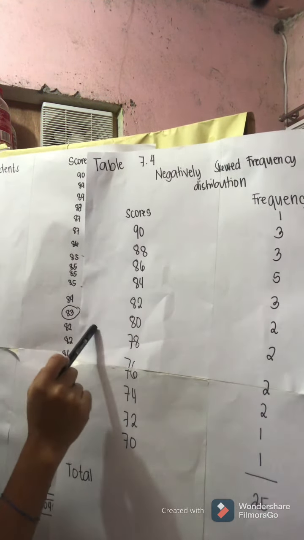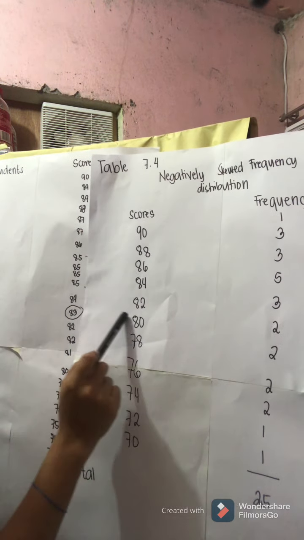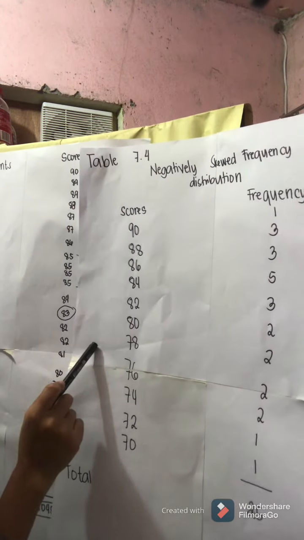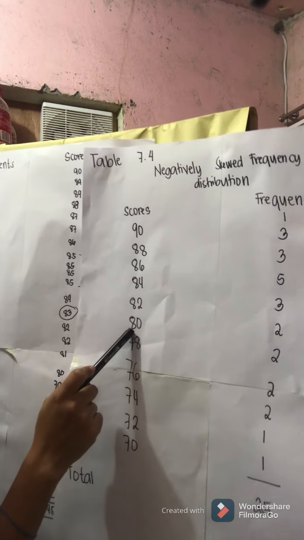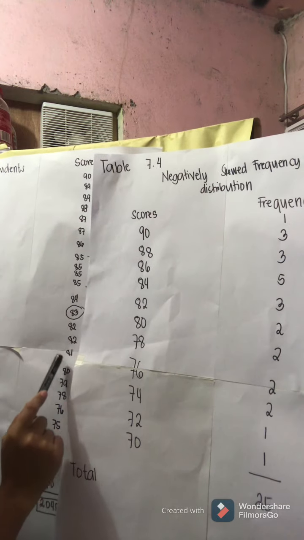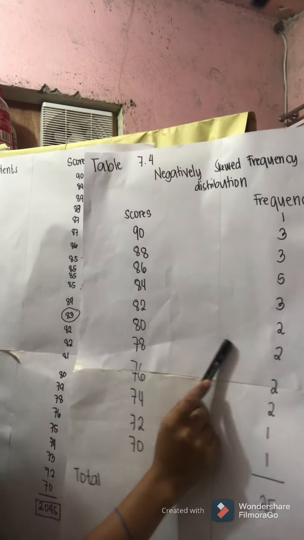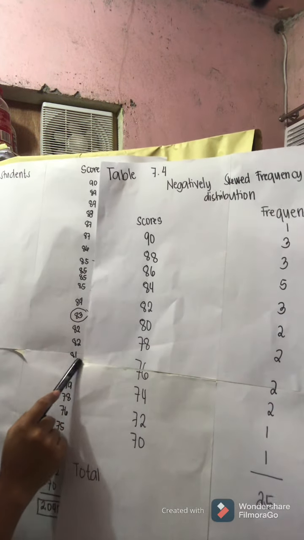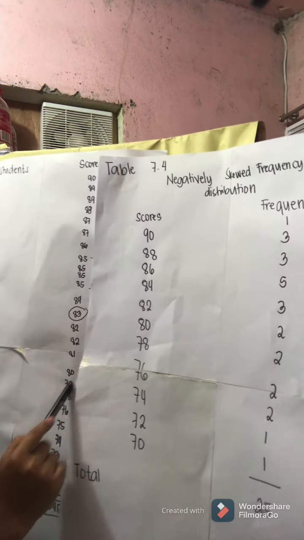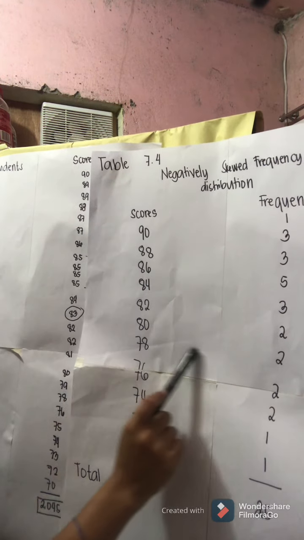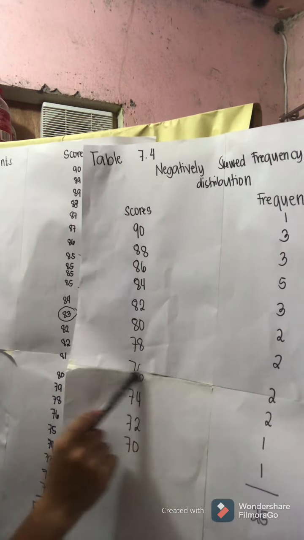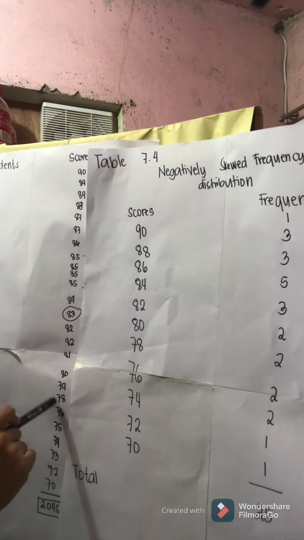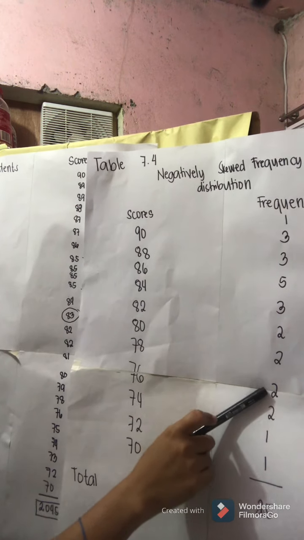In 82 to 83, 1, 2, 3, we have 3 frequency. In the 80 to 81, we have 1, 2 students who got 80 to 81 scores. In the 78 to 79, we have also 2 students. In the 76 to 77 scores, we have 2 students.